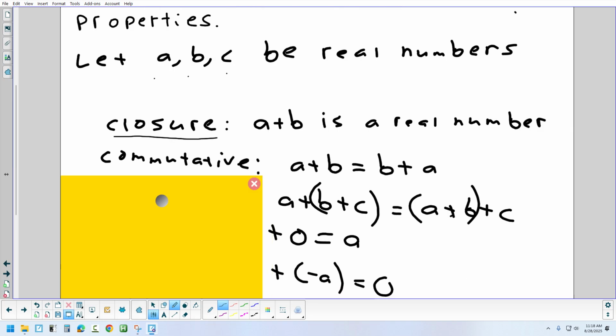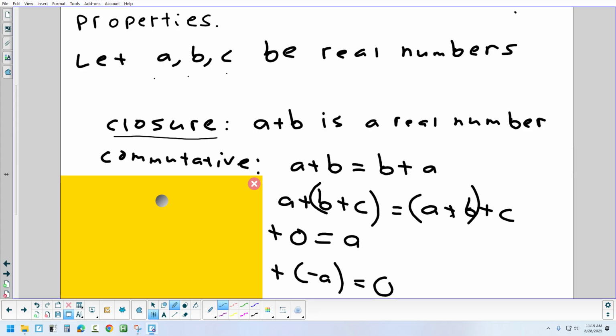How about this one? The order is ABC, ABC. It's the same order on each side, but I've changed the grouping. Anybody remember what that one's called? Change the grouping. If you think of your group of friends, you could say it's the group of people I hang out with, or the people that I talk with.